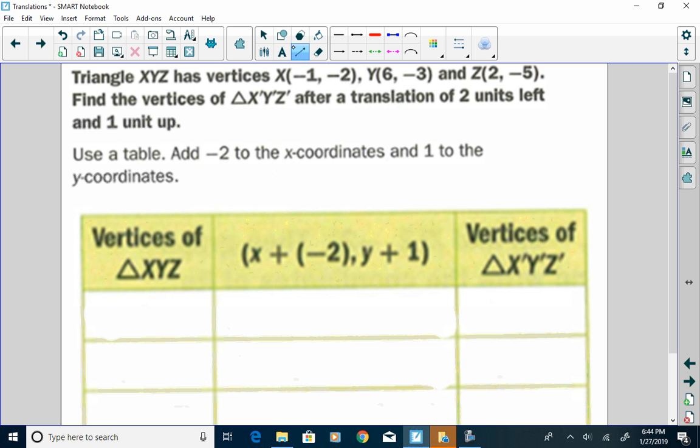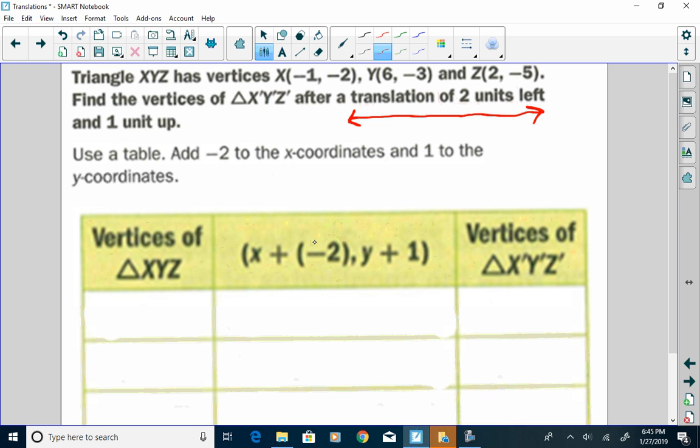All right, let's explain that a bit better. If we're translating 2 units to the left, we're moving left on the x-axis, which is left on the horizontal number line.